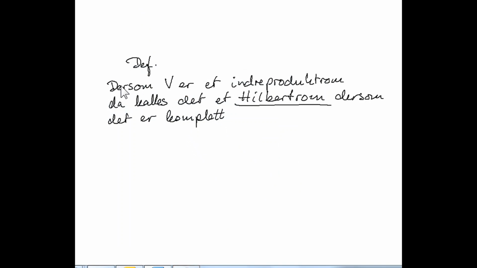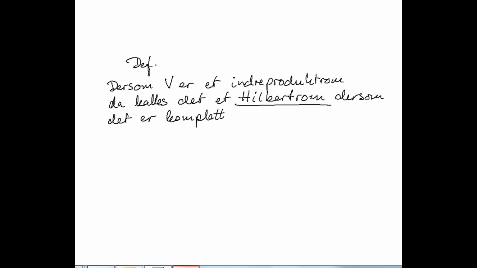Let us also consider the following definition. A vector space V which is an inner product space is called a Hilbert space if it is complete with respect to the norm induced by the inner product.